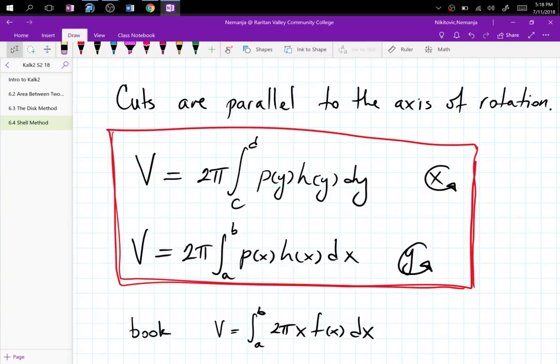All right. Now, again, the shell method can have two functions, right, that work together.